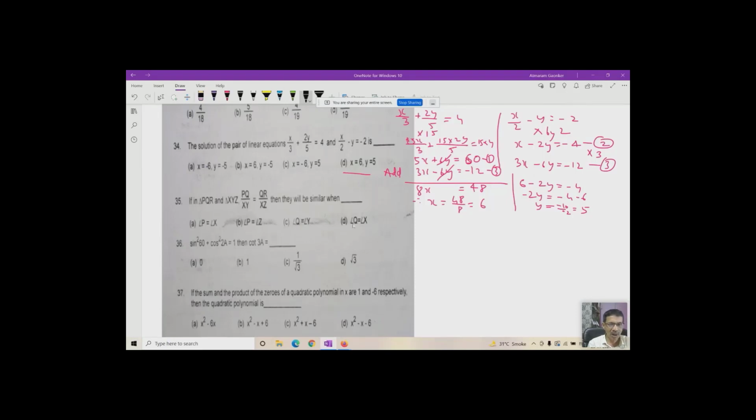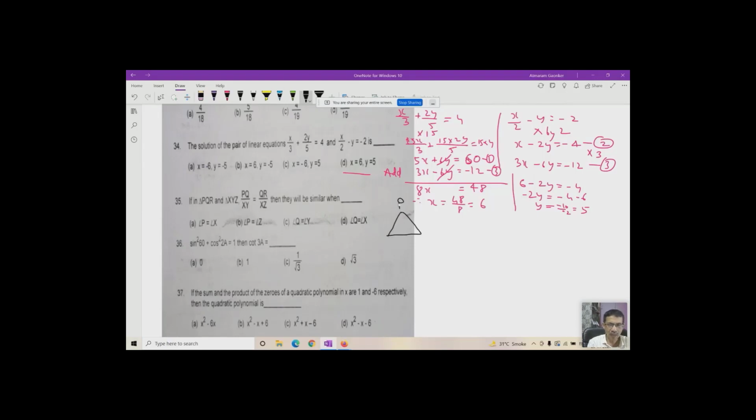There are two triangles given, and the question is asked when they are similar. So let's see that. We will draw two triangles here.